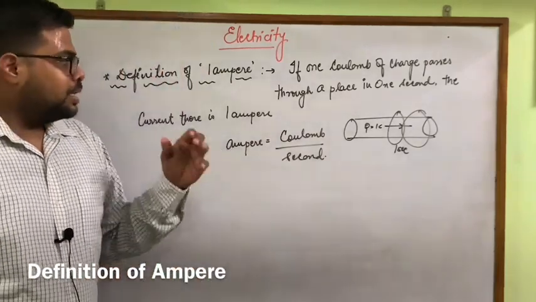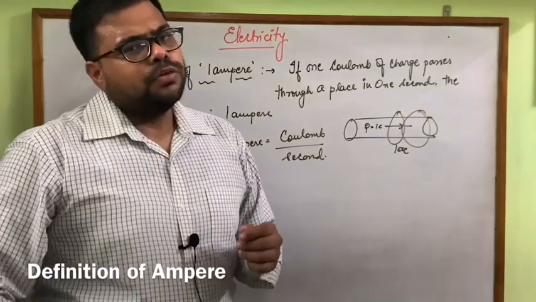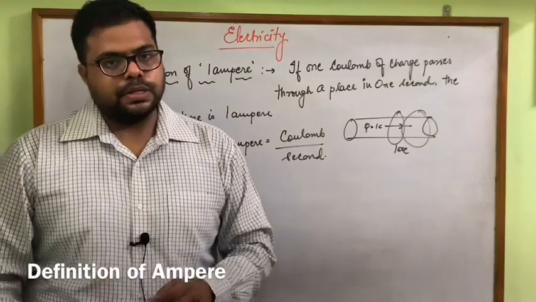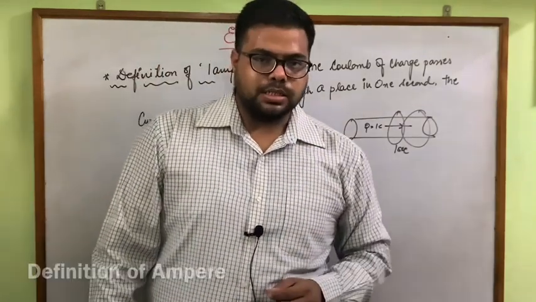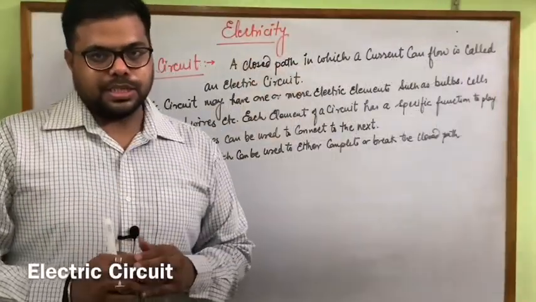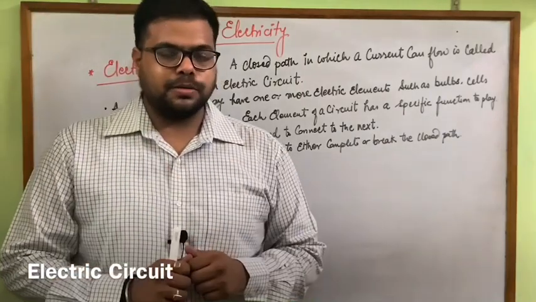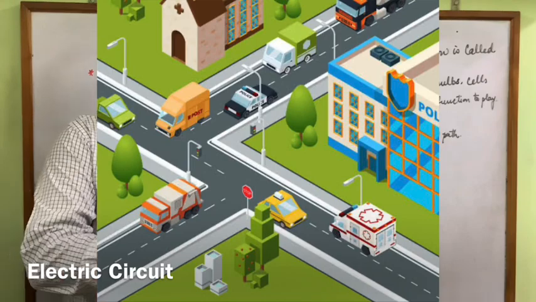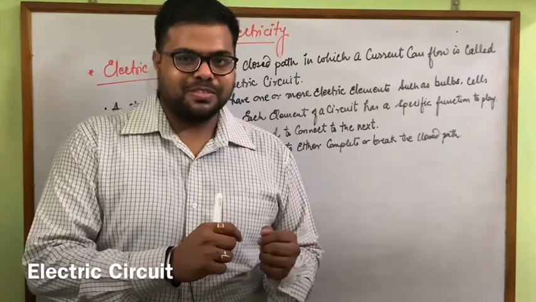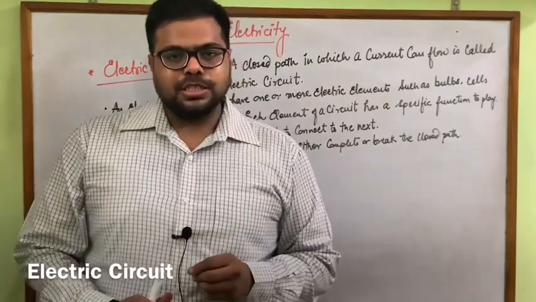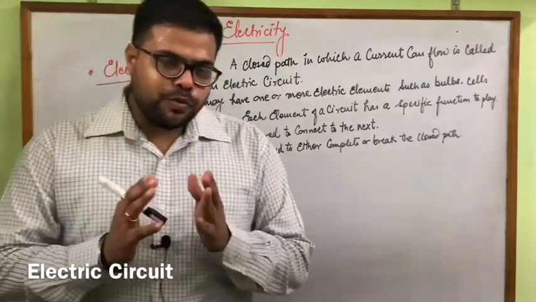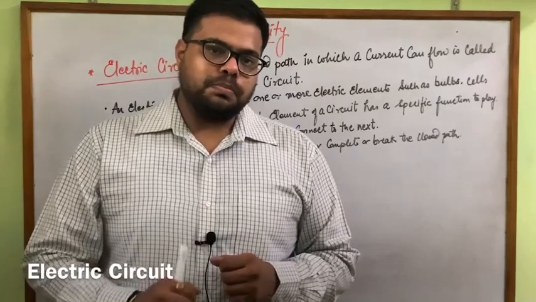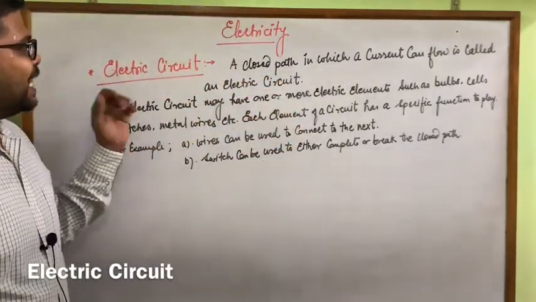Now in the next part of this video lecture we are discussing a very important concept, electric circuit. Next topic is electric circuit, a particular path, like vehicles, cars are moving on the road, like charges are moving in one particular direction, and that particular path is known as an electric circuit.